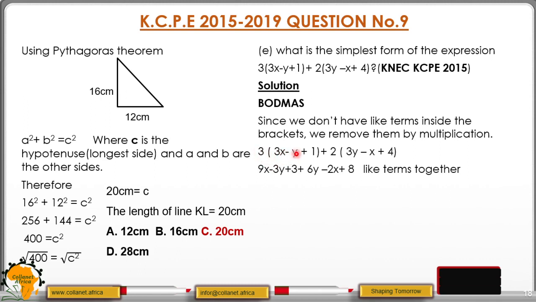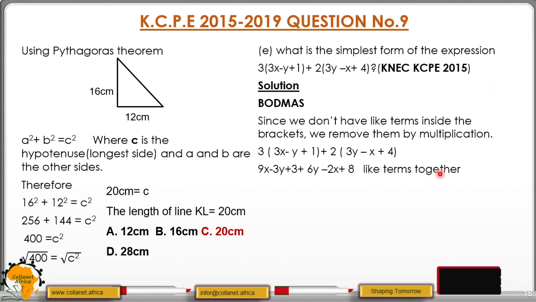Then positive times positive, you get positive 3. Then we move to the other part. Positive times positive. This one does not have any sign, so it is a positive. So it will be positive 6y. Then positive times negative, you get negative 2x. And then positive times positive, 4 times 2, you get positive 8.